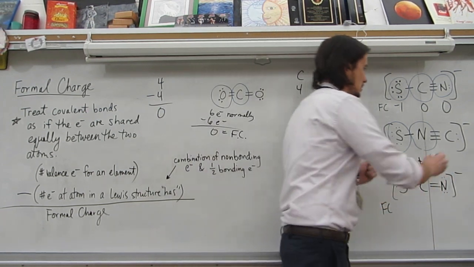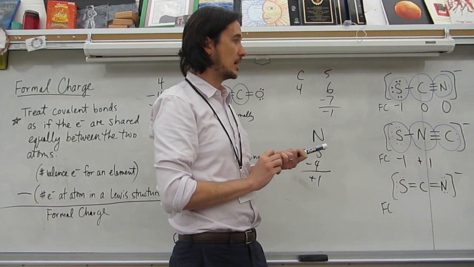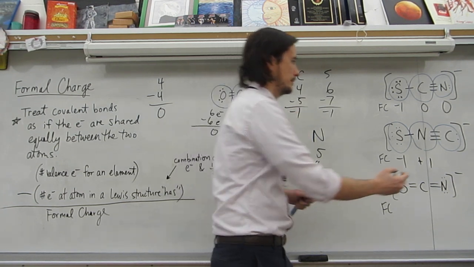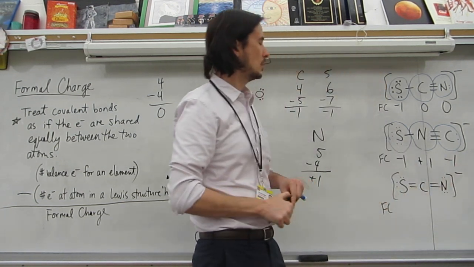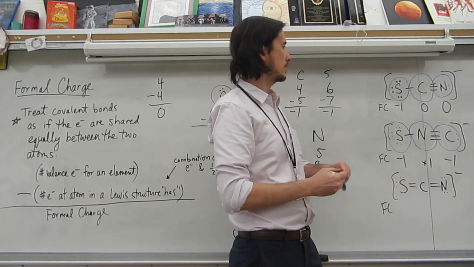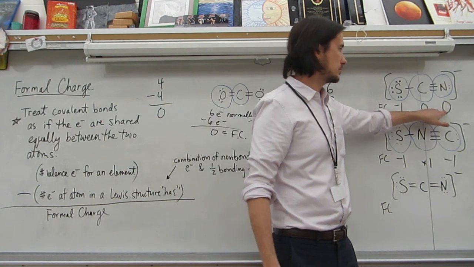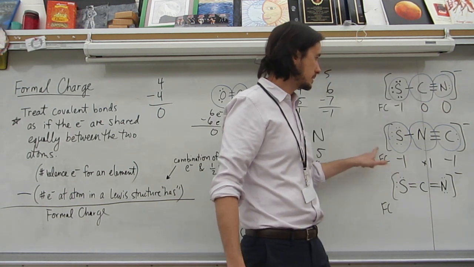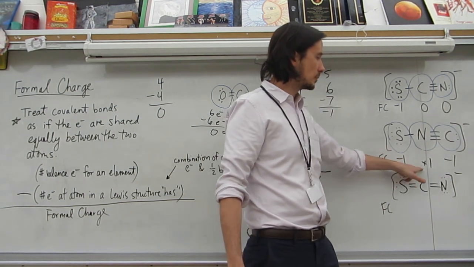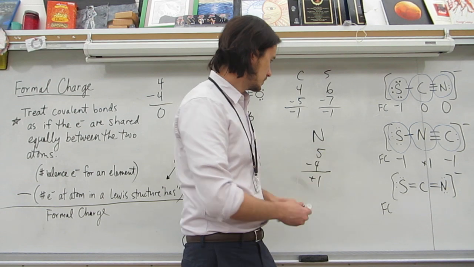And carbon has 5. You notice the first polyatomic ion, we've got -1, 0, 0, they add up to -1. The second one, same atoms, same charge: -1, plus 1, -1, they still add up to -1.